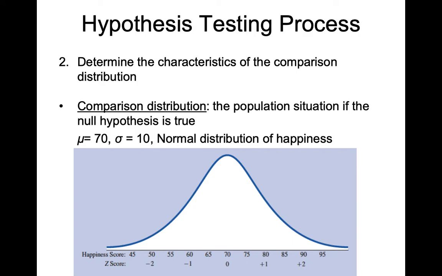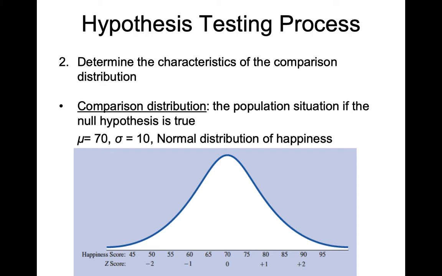So again, this is something we kind of have to imagine. This is a phenomenon that has been studied. Perhaps this 0 to 100 metric is used quite a bit. There's all kinds of data on people, and so we know on average, the average happiness score is 70 with a standard deviation of 10.